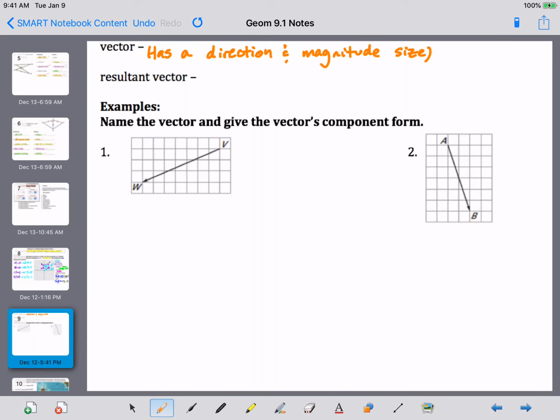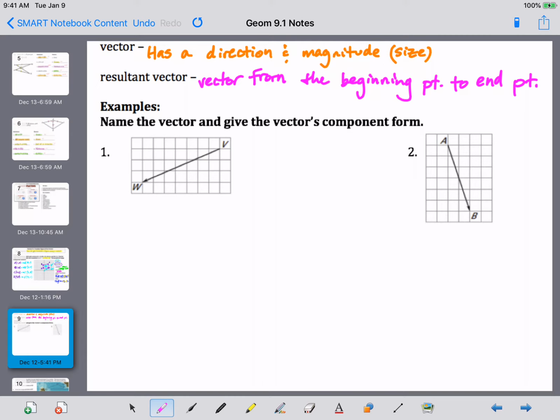So it's got size and direction. And then what we call a resultant vector is simply a vector from the beginning point to the ending point. So it's like from A to B, without how you got there, just if you were going to draw a line right from the beginning point to the ending point.